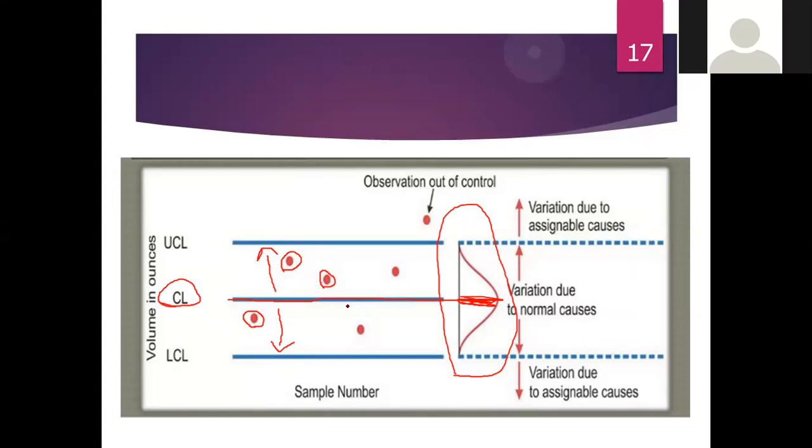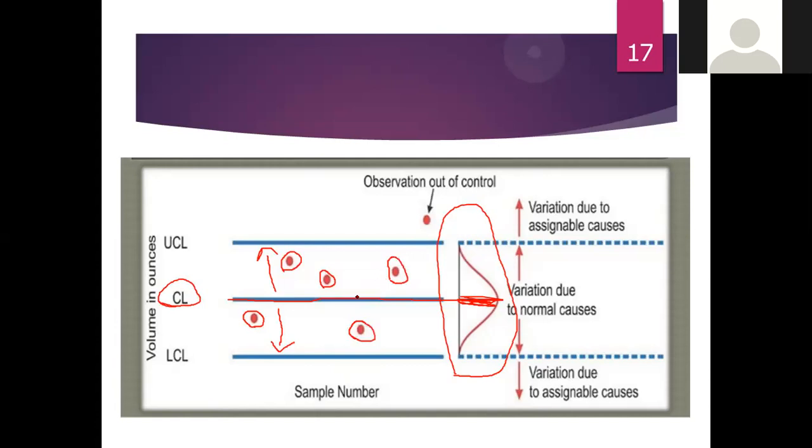For example, one garment factory may manufacture 5,000 garments in one day. Can you examine all 5,000 garments? No, definitely you cannot. So you have to take some sample, say 100 garments or 50 garments, and check those garments only. So these red dots are the samples.